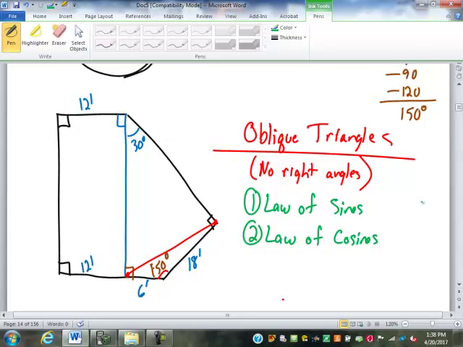Even though there are no right triangles here, we can solve this. We're not going to solve it today. We might not even solve it tomorrow. But by the end of next week, you will be able to solve that without right triangles in it.